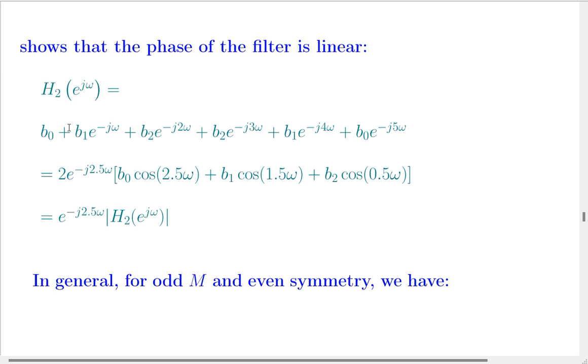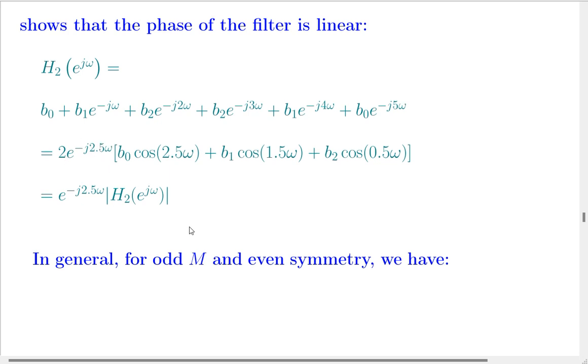H2(omega) will be e to the power of minus j 2.5 omega times A2(omega). Here you see what stands for A2, again in terms of cosine, and a linear phase.